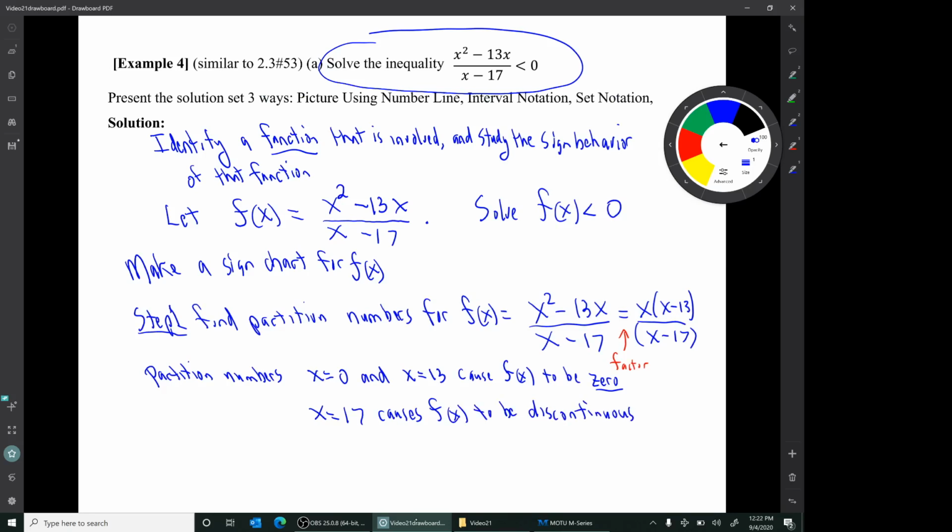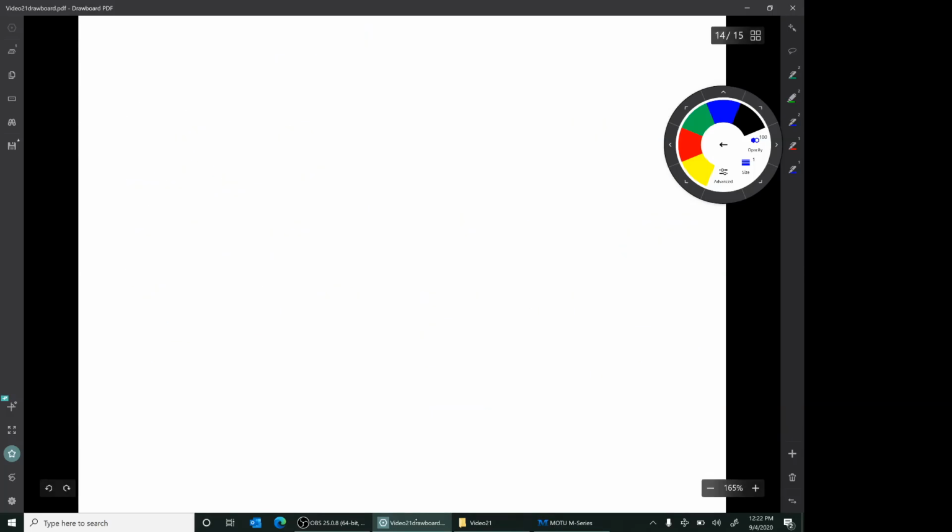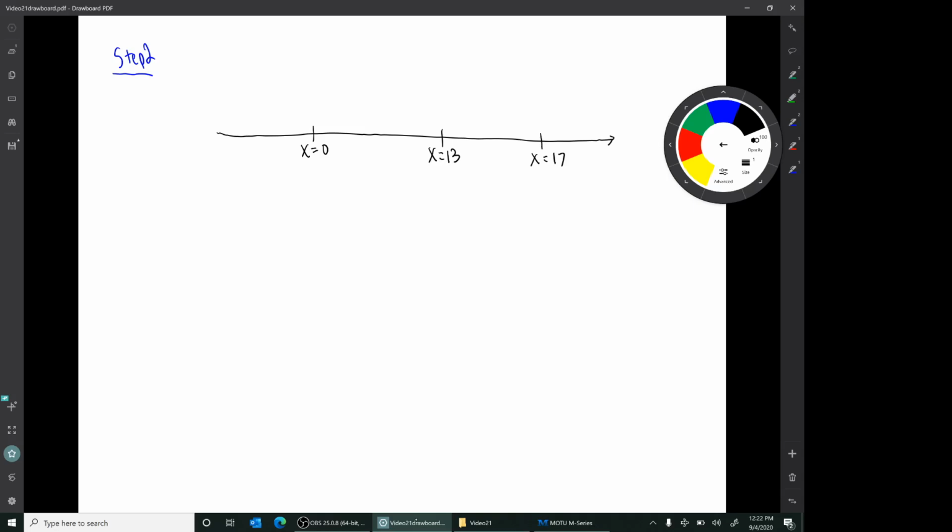All right, now let's move on to step 2. Make a number line and put the partition numbers on the number line. Now remember the additions that I suggest. Title the sign chart and put on the behavior at the partition numbers.